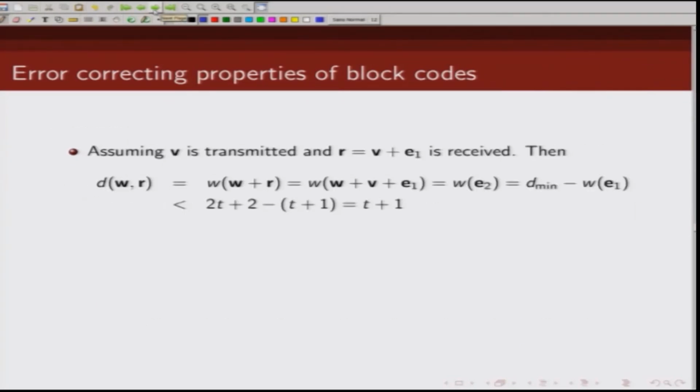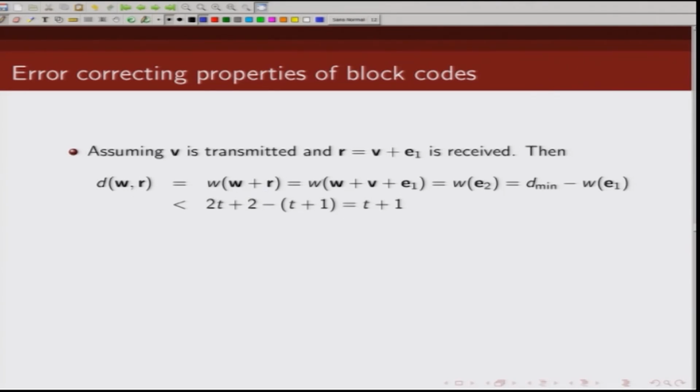Now, we will repeat the same exercise. We will try to find out the Hamming distance of this received code word from the correct transmitted code word v, and the Hamming distance between the received code word and any other code word w. So, if we calculate the Hamming distance between w and the received code word, we know that the Hamming distance between w and r is nothing but the Hamming weight of w plus r.